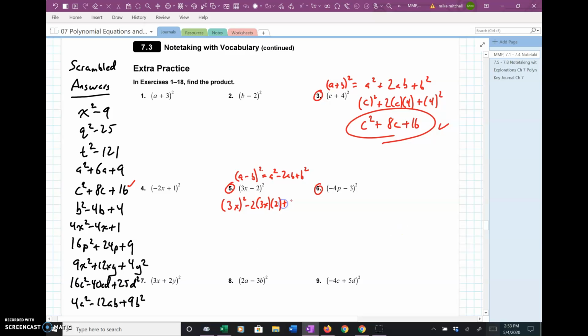And then I've got plus 2 squared. That's going to be 3 squared is 9x squared minus 2 times 3 is 6 times 2. There's going to be 12x plus 4. Do I have that over here?